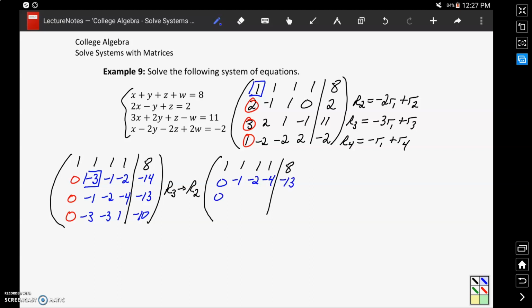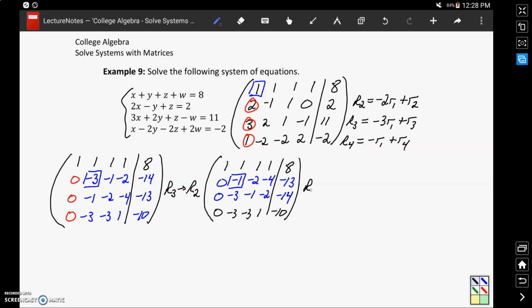And row 3 will become 0, -3, -1, -2, and -14. Switching the places of those 2 rows hasn't achieved the goal that we're after, but it does get us there in an easier way.